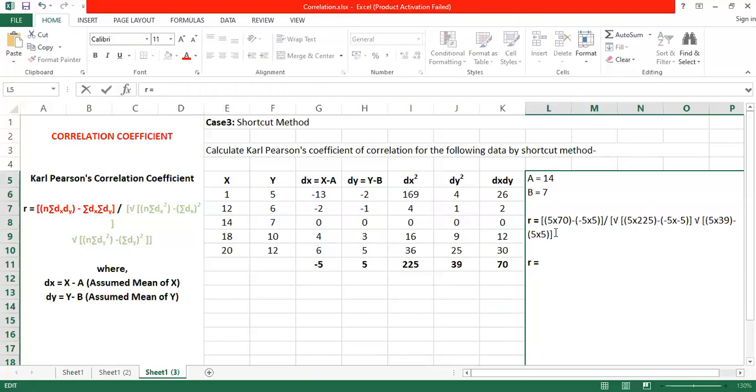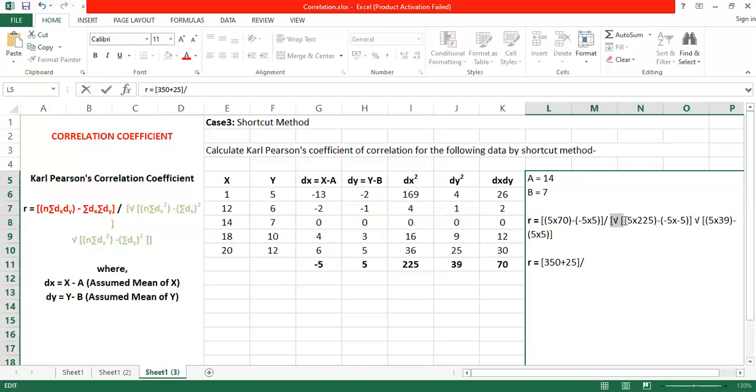So let us calculate. 5 into 70 is 350. And here, minus 5 into 5 is minus 25, and outside it is minus, so it is plus 25. Right? Divided.